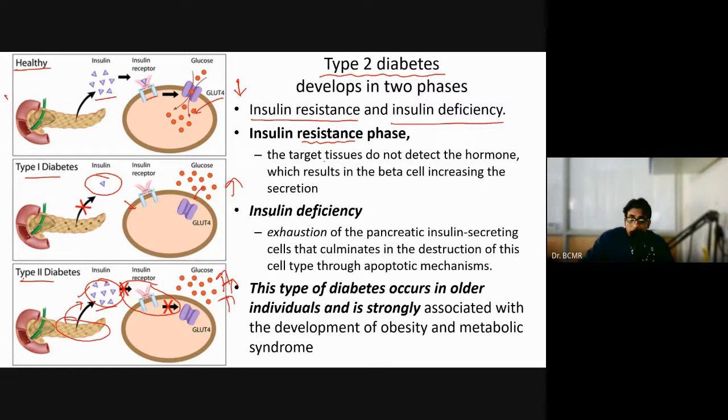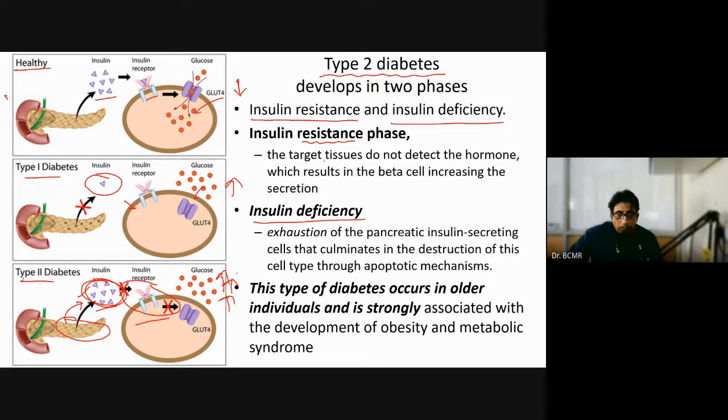And in that case, it is also insulin deficiency. First of all, the cells are insulin resistant, and the second phase is there is no more insulin produced by the beta cells.